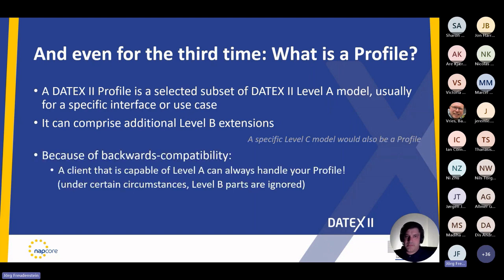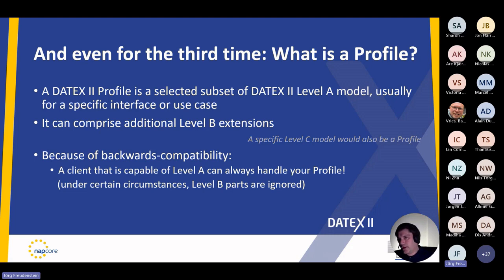In DATEX, we have the aspect of backwards compatibility. That means in terms of extensions that you can make extensions, and if a client doesn't know this extension, he will not crash, but he will have by construction a mechanism that he can accept that there is some extension which is not known to him.